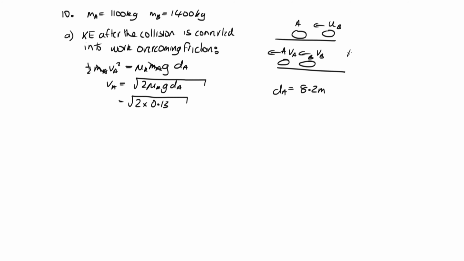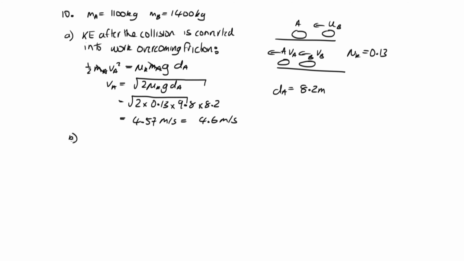We're told mu_k is equal to 0.13 in the question, so that's where that comes from, times 9.8 times 8.2. So solving this on the calculator, we get 4.57 meters per second, which is equal to 4.6 meters per second to two significant figures.